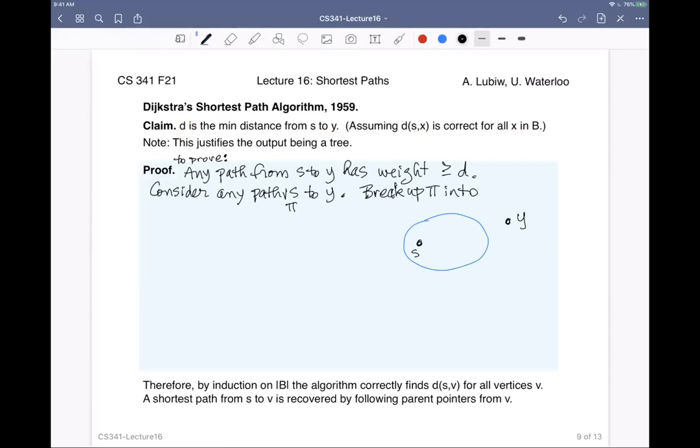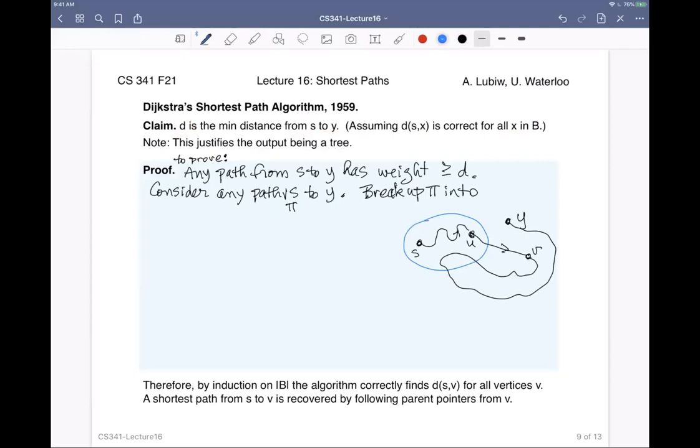And I'm going to say, okay, I have some path that goes from S to Y. It might wander around in here for a while. I'm not saying it has to be part of the tree, just that it wanders around here for a while. Eventually, it has to take an edge that goes outside the set B, right? So it goes from some vertex U to some vertex V over here. And then maybe it wanders around, maybe it even goes back into the set B, and eventually it gets to Y, okay?